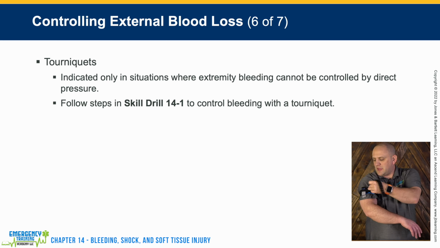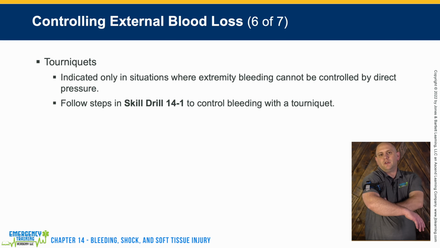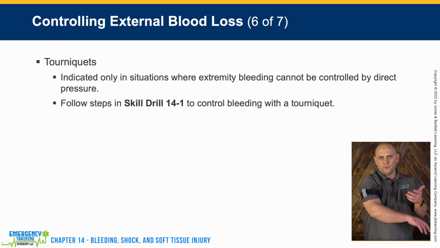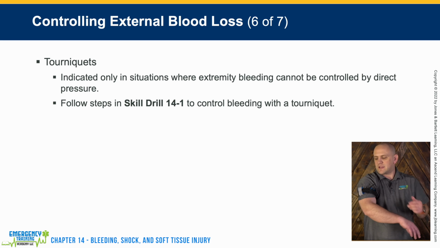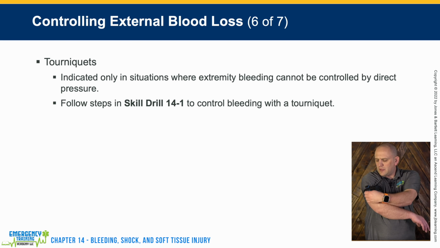You would do the same thing with these. You want to make sure that you run that tail through the opening and then secure it and write the time on it. Most of the approved tourniquets are going to function exactly like this. There's very, very few exceptions to how they operate.